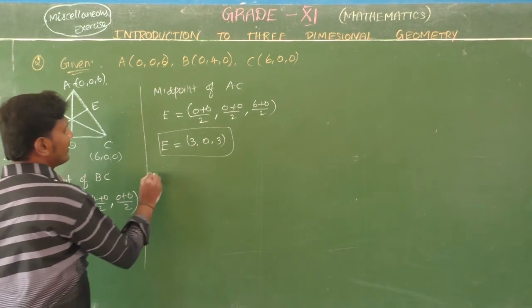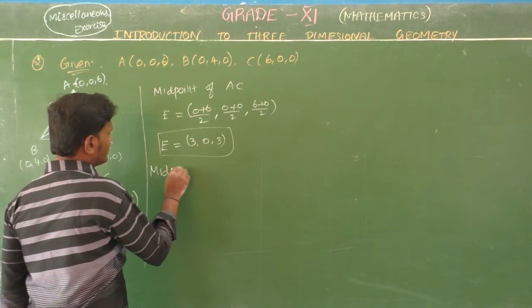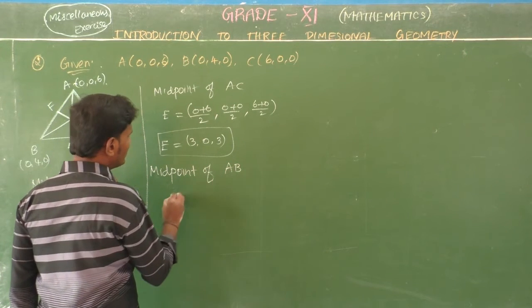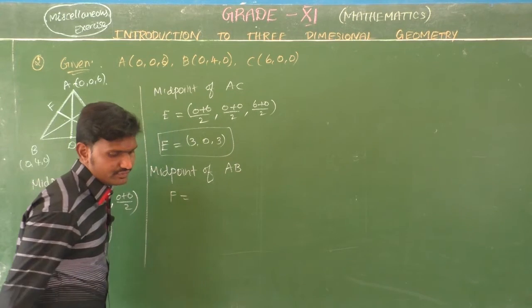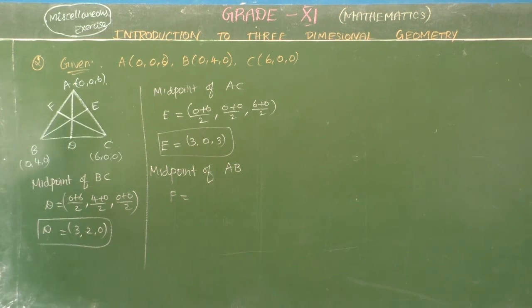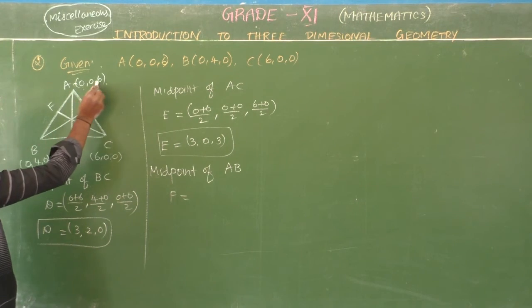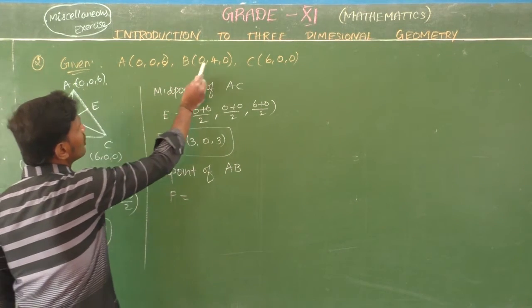Now coming to F, the midpoint of AB, which I denote by F. For AB you have the vertices A (0, 0, 6) and B (0, 4, 0).